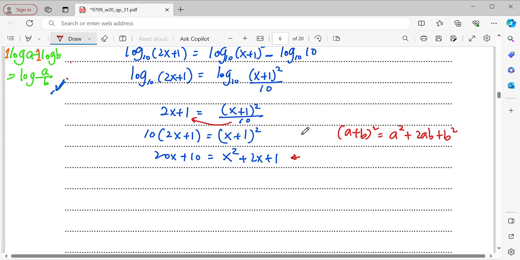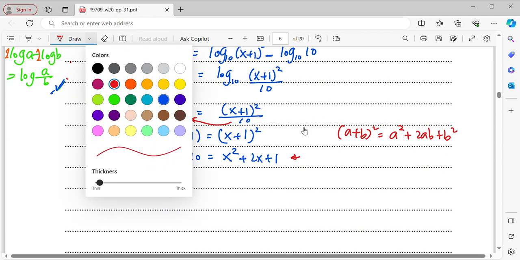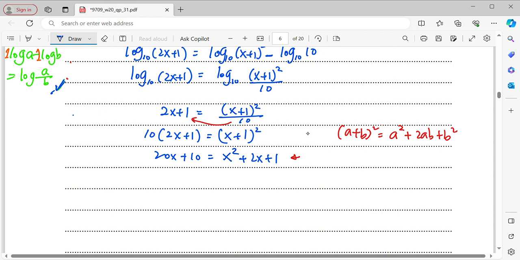Now, since we have the x squared on the right side, I will move all the terms from the left to the right side so that it will be a quadratic equation later on. So I will be getting x squared plus 2x plus 1 minus 20x minus 10 equals 0.